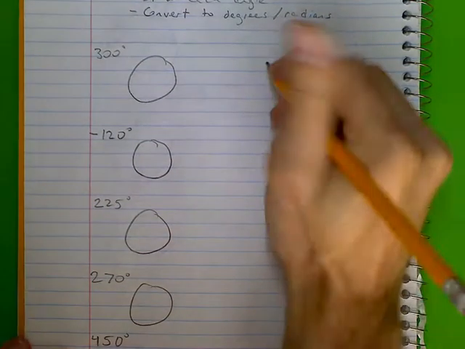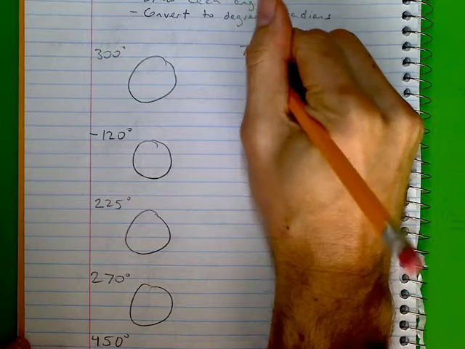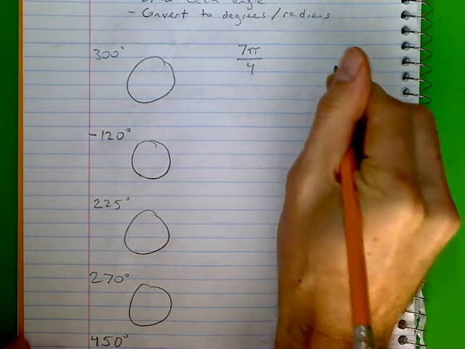Here's some in degrees. Here's some in radians.